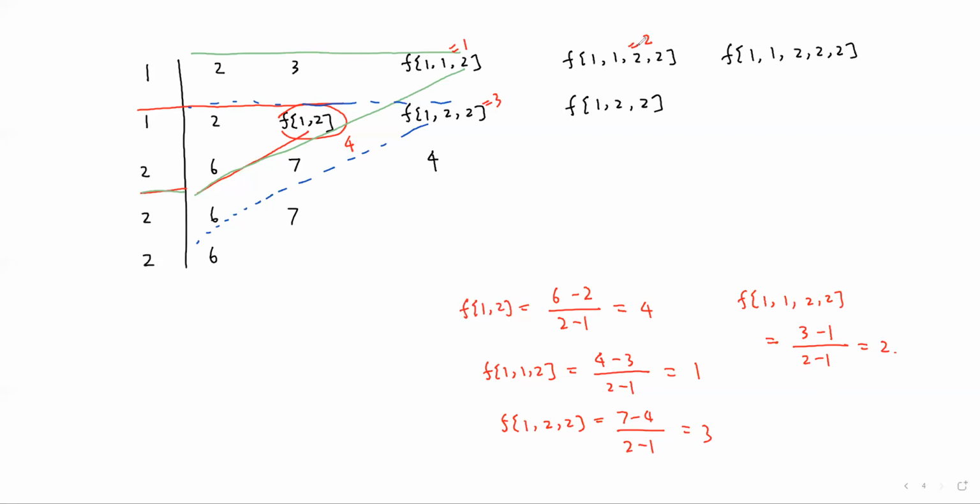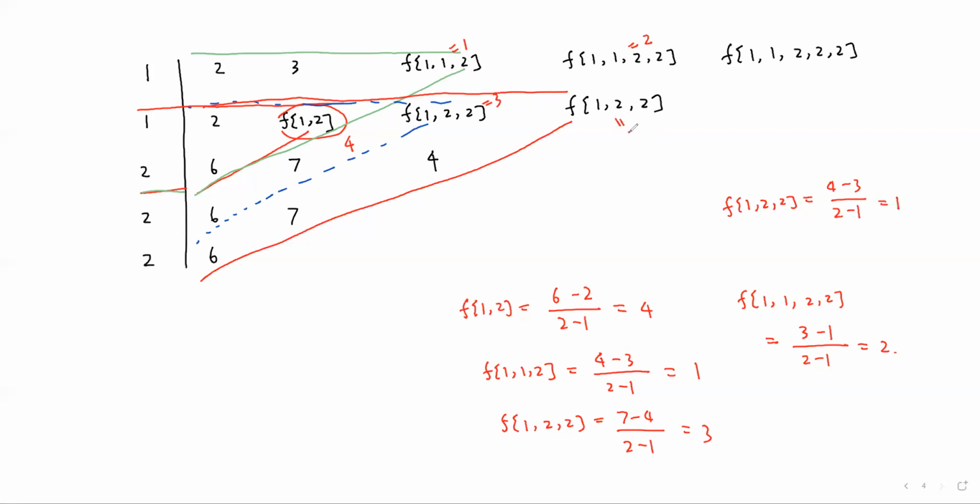And similarly, for this entry, draw a triangle. Then F[1,2,2] is equal to number 4 minus number 3, over this number 2 minus this number 1.